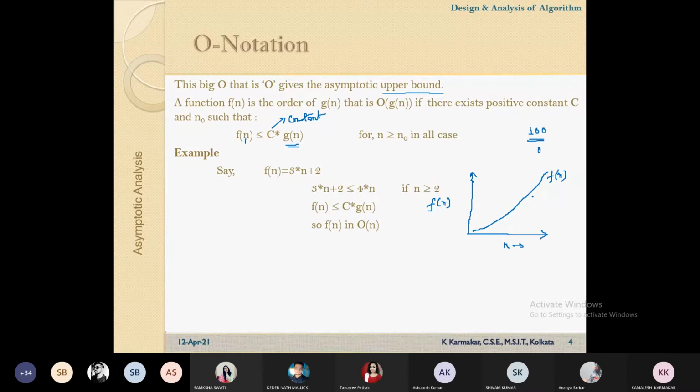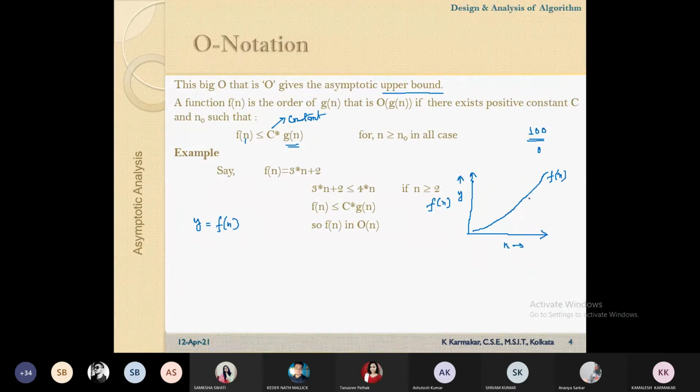So this is n and this is y. We are representing this function as y equals f(n). So this function is given.